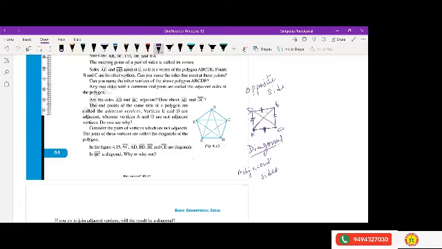These two sides are adjacent to each other. And if I talk about opposite sides, then these two sides are opposite to each other, and even these two are opposite to each other. But when you have one side this and another side this, then we call them adjacent sides. Right, children?